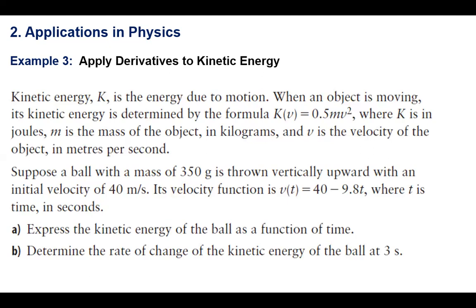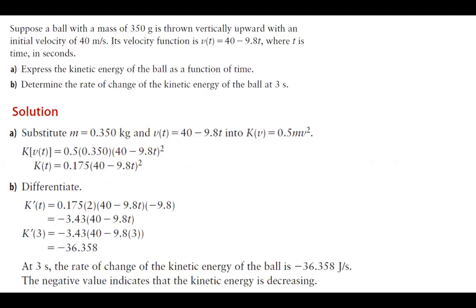Okay, have you finished? All right, let's see the solution together. First, question A, we can substitute m equals 0.350 kilograms and v(t) equals 40 minus 9.8t into the kinetic energy function K equals 0.5 mv squared, right?